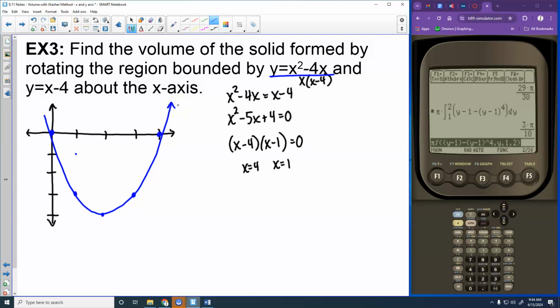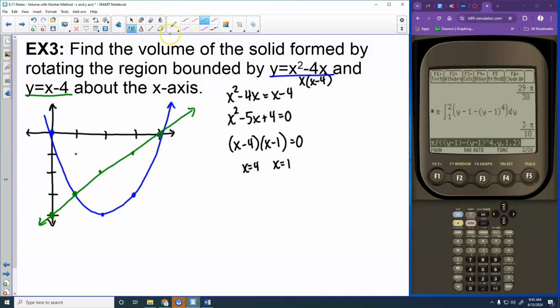And then you've got y equals x minus 4, which is a line, so let's do that one in green. Y-intercept at negative 4, you'll go up 1, to the right 1. My line's maybe going to be a little crooked there.